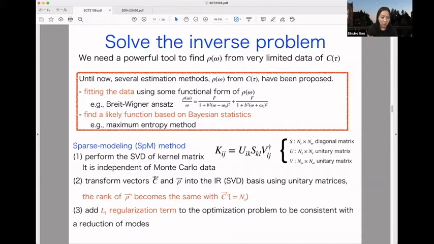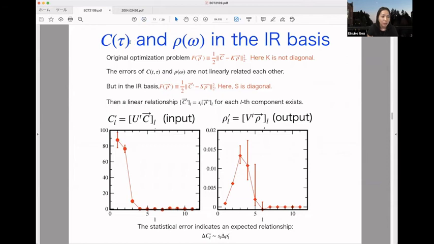And as Shinaoka-san explained, we transform the vectors C and rho into the IR basis using the unitary matrices U and V. Then the rank of rho prime becomes the same as C prime and N_tau. And actually, this is the actual data of C prime and rho prime in the IR basis in our analysis.